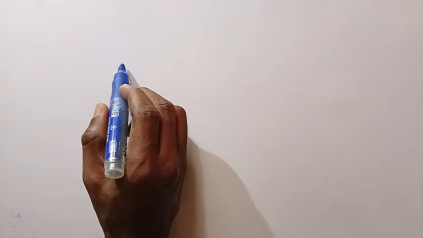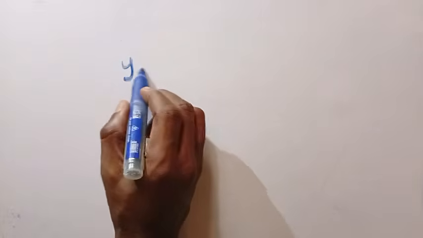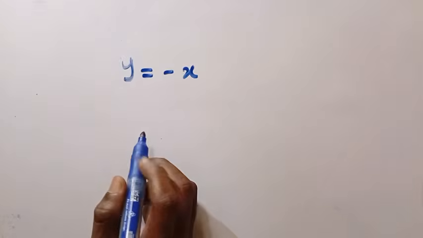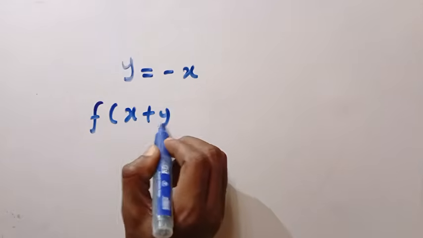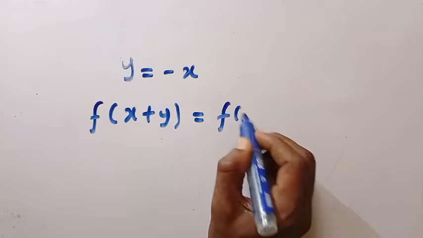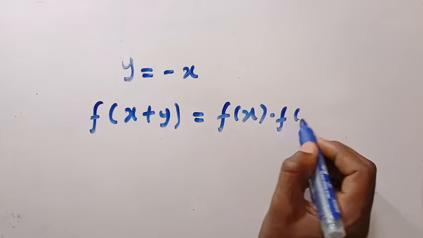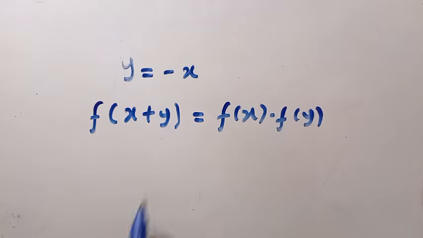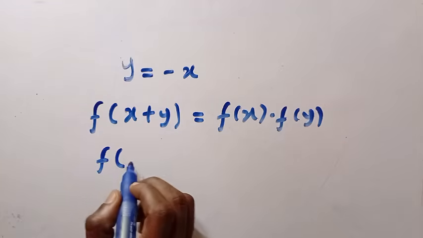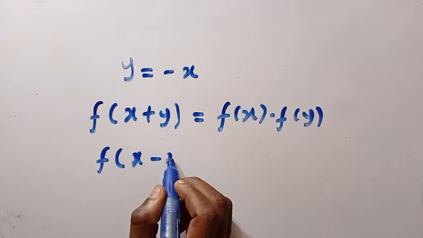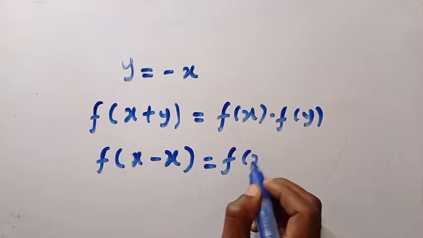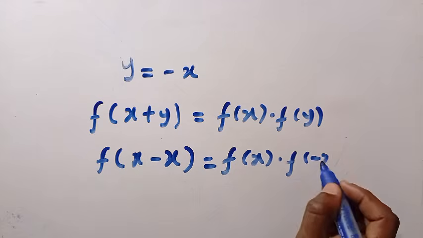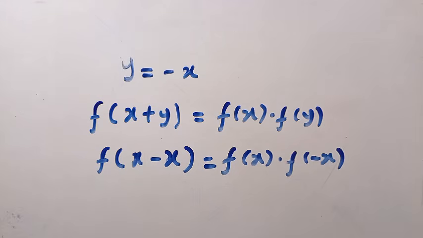Suppose I let y equals minus x. For instance, the original equation is f of x plus y equals f of x multiplied by f of y. If y is minus x, we have f of x minus x equals f of x multiplied by f of minus x.